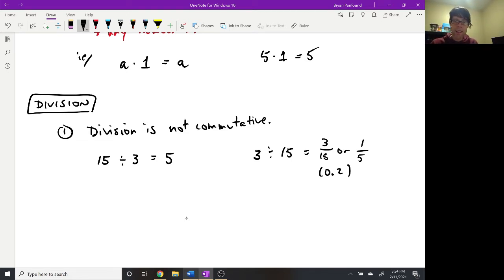So there is an interesting relationship between the two final answers that we get, this one and this one. They are inverses of each other, right? They're opposites of each other, thinking in a multiplication kind of way. But these two final answers are not the same. So division is not commutative because the order that the numbers come in is important.